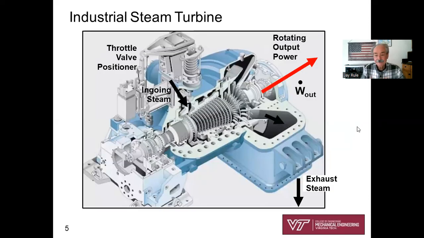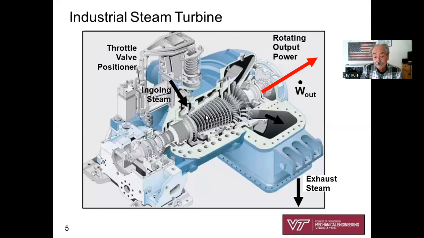All right, this is what an industrial type steam turbine will look like that could be related to this given information. We've got high pressure steam coming into the inlet of the turbine through this governor that adjusts the rate of flow of steam into the first section.